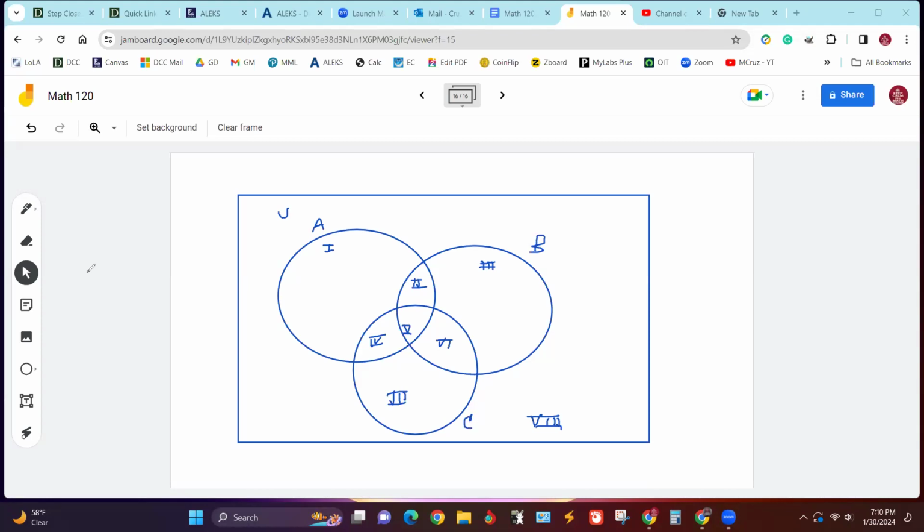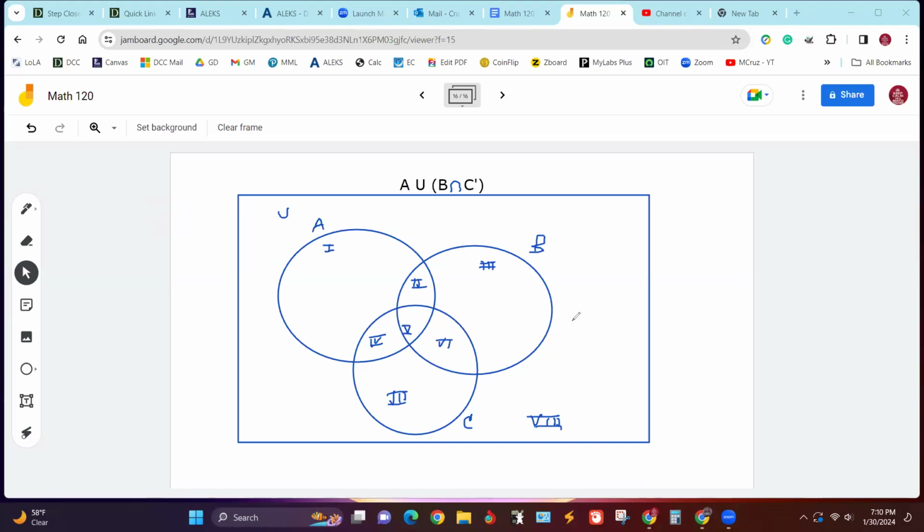All right. So let's say we want to do A union, and then we're going to put B intersection C complement. I have to do the intersection symbol by hand, because there's no symbol for it on the keyboard.